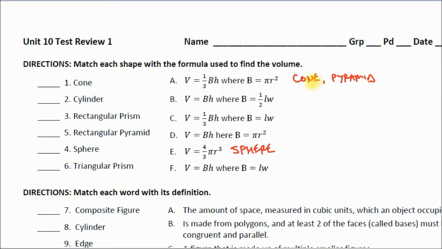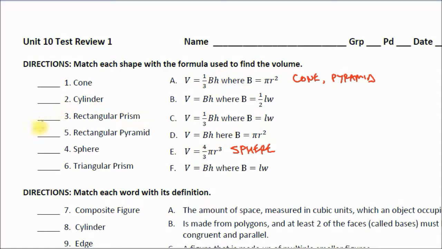So the cross sections are going to get smaller as they move parallel from the base up to the apex. So we know those are going to have 1/3. And then the rest of them we should have a pretty easy time figuring out.